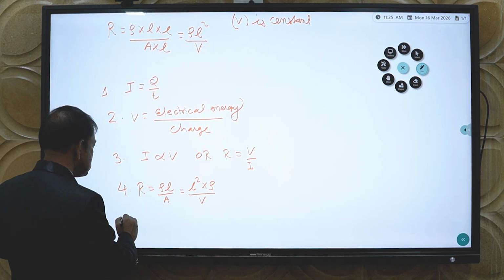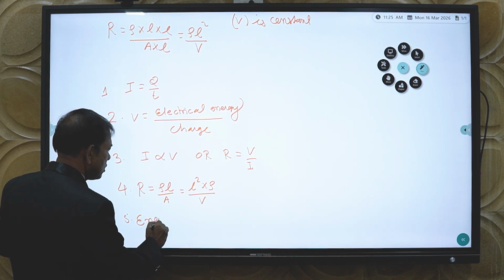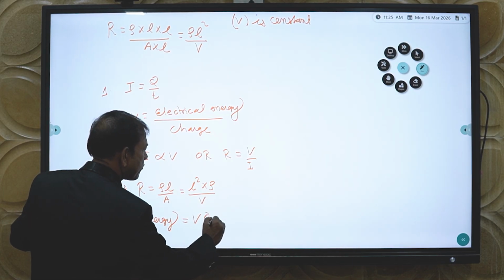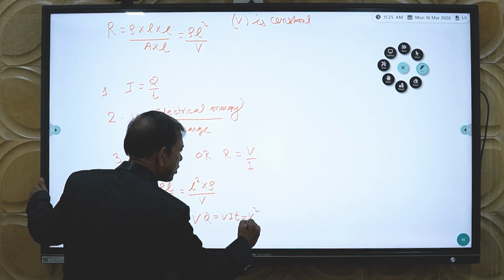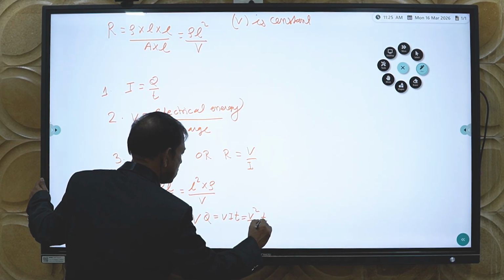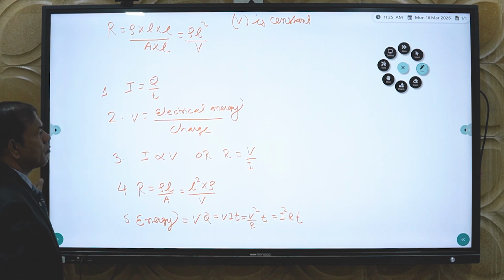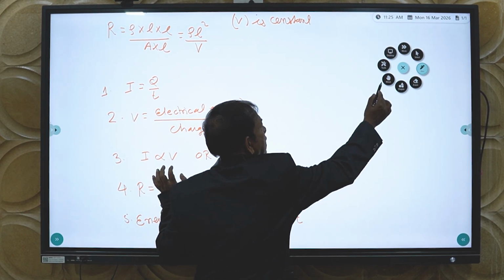The next formula is on energy. So this electrical energy is given by voltage into charge equal to VIT equal to V square upon R into T equal to I square R into T. Next comes electrical power.